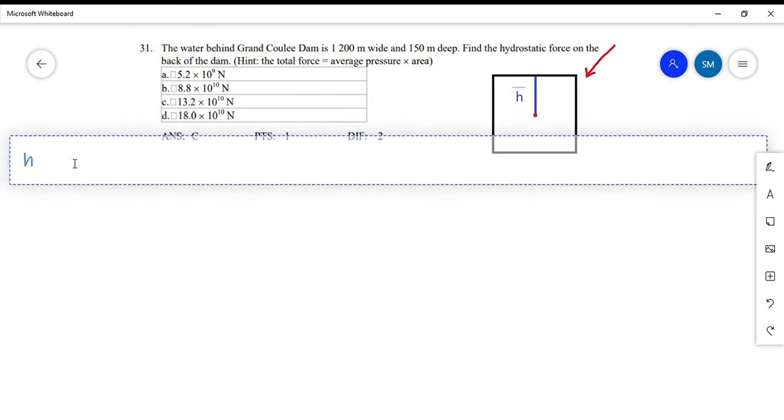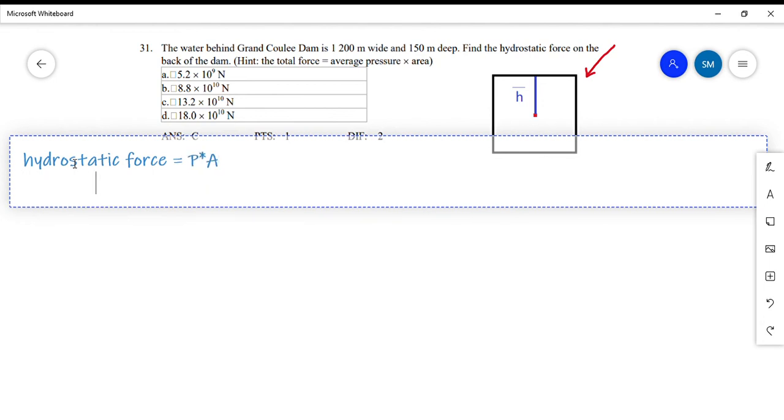Hydrostatic force is equal to the pressure times the area. I had just said when we want to calculate the hydrostatic force, we use half of the height when we calculate the pressure.